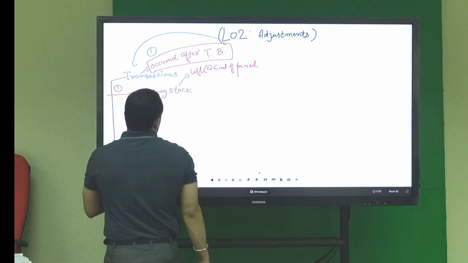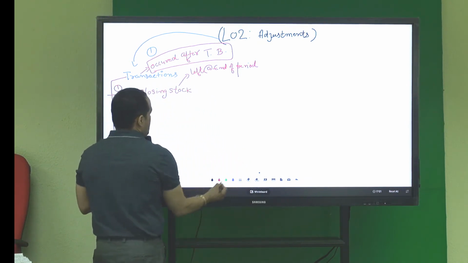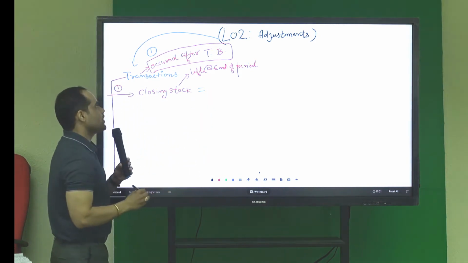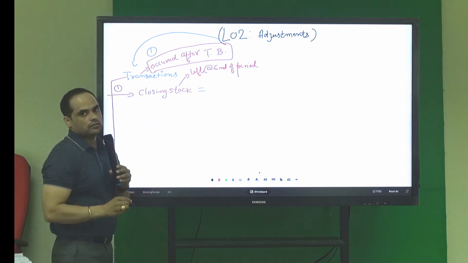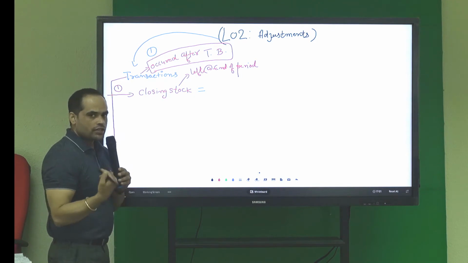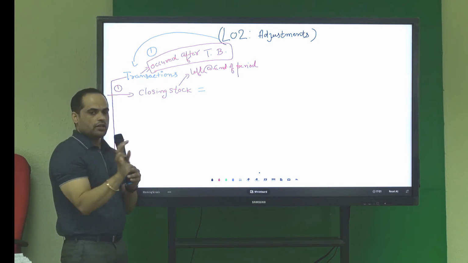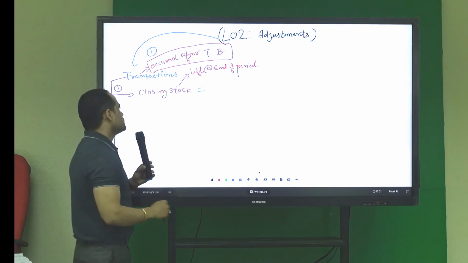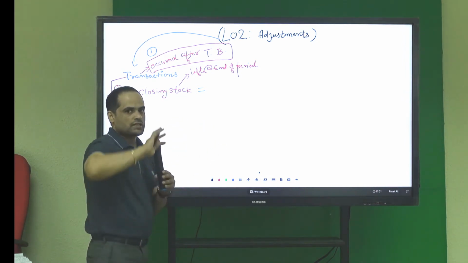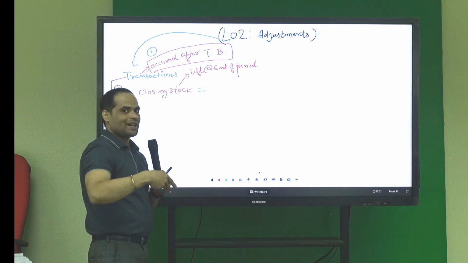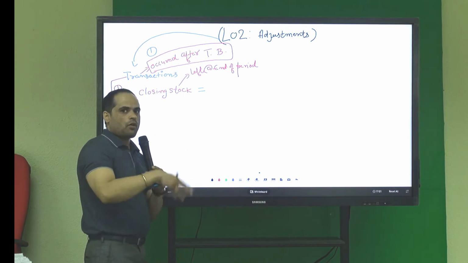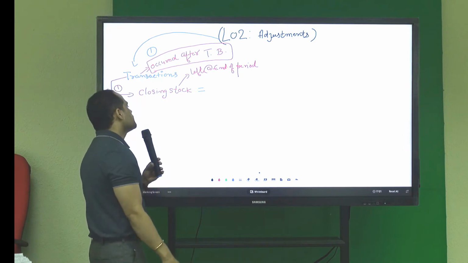So, what is the journal entry for closing stock? We're going to make journal entries, and then we could record using the T accounts or the trial balance. Or we don't have to do it, we just make journal entries in order to understand how we're going to make adjustments, and then we transfer to profit and loss and the balance sheet. Right?